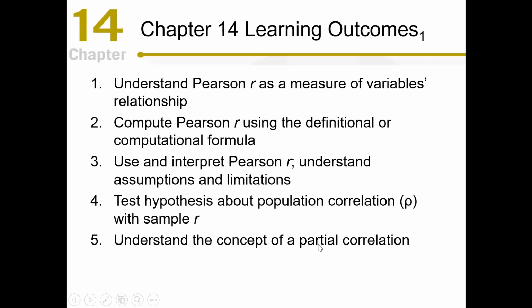The Pearson r, we'll understand and interpret what the Pearson r is and understand the assumptions and the limitations as a result. Because when you think about correlation and relationship, though we were able to show relationship, we're not always able to then show causation, right? We show that things are related, but we can't say that one thing causes another.